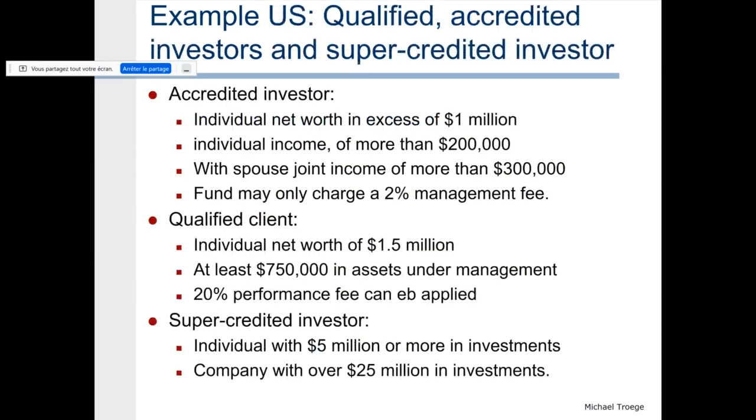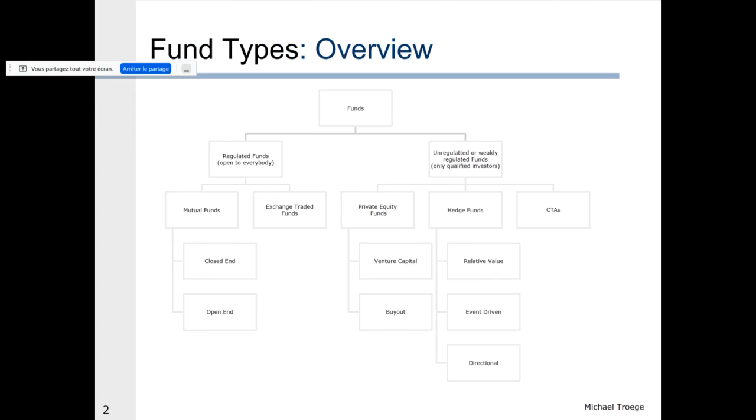In Europe, it's not so much about the amount of money you can invest, but about your financial sophistication. As a finance professor, even if I don't have a lot of money, I would be able to invest in Europe in very risky stuff, whereas in the US, I need a lot of money to be allowed to lose a lot of money. So what are these funds in detail?